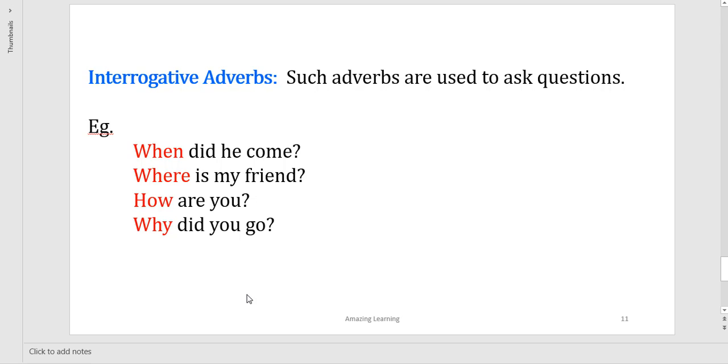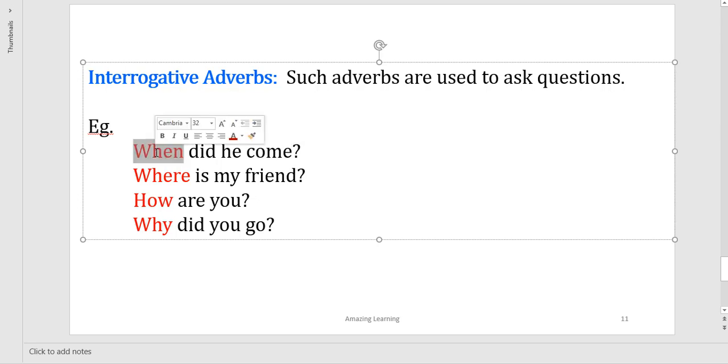So if you are asking a question on the specific action, then you can say that specific word is an interrogative adverb. So, when did he come? Come is attached with when. So when is the word which is qualifying the verb, which is come. Because of that we call it an adverb.